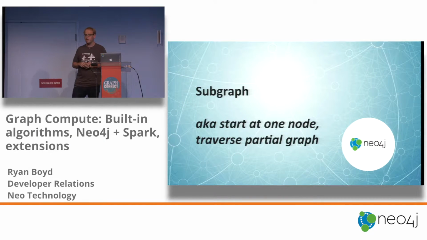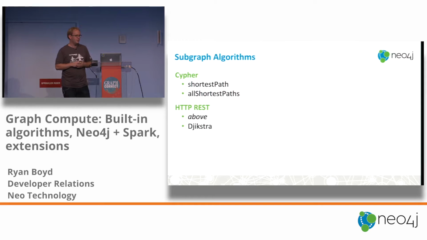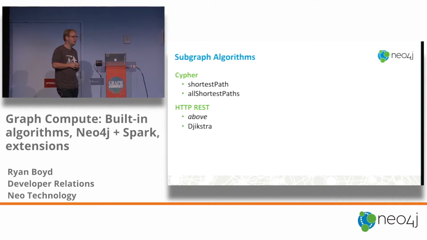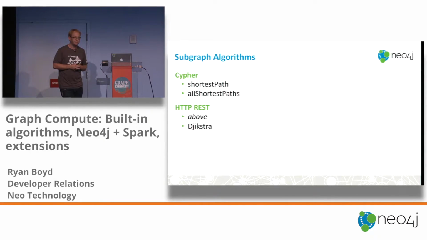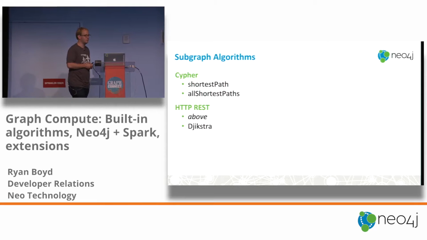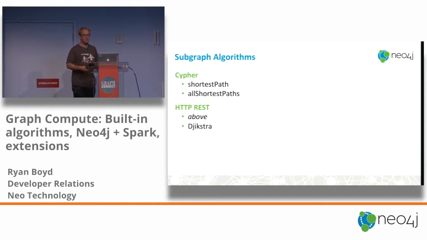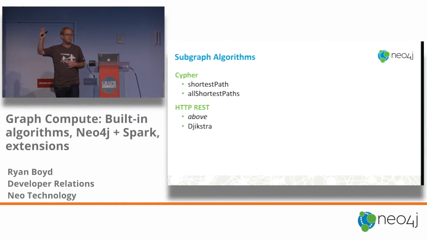Let's start off by talking about subgraphs, by trying to query just a portion of the data. There are a couple different things that you can do here. First of all, you can do analysis of shortest paths in Cypher. How many of you have already done this?